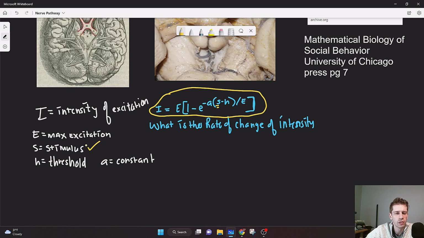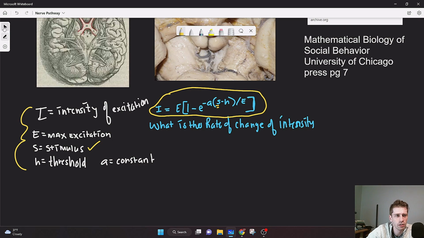We can differentiate this model, or find the derivative with respect to the stimulus. We want to know how the intensity of excitation changes with a change in stimulus if we keep everything else constant. I hope that makes sense.